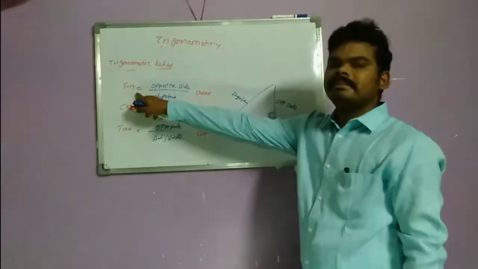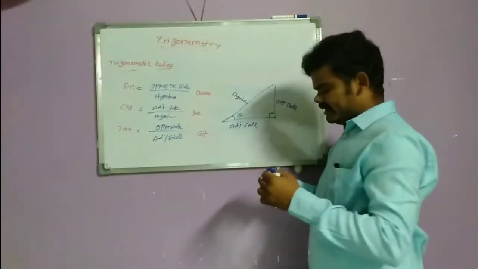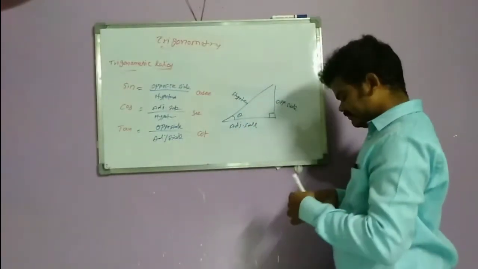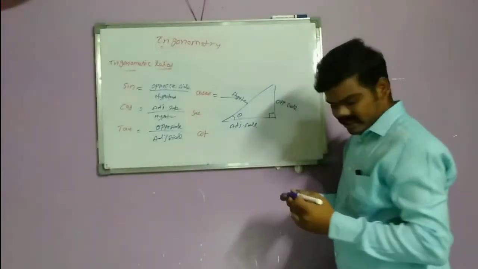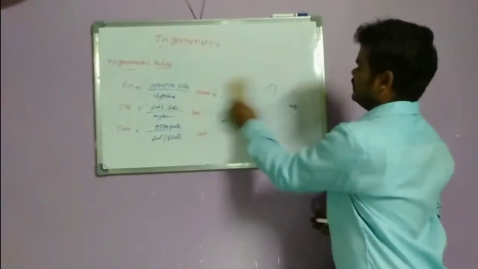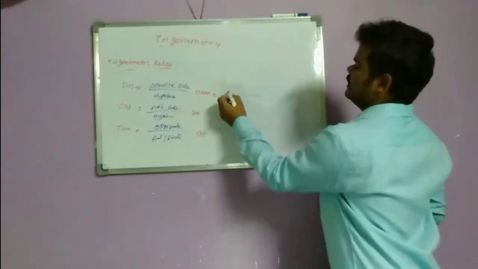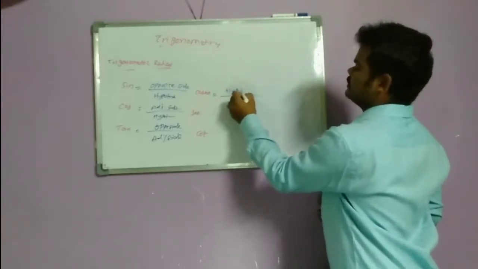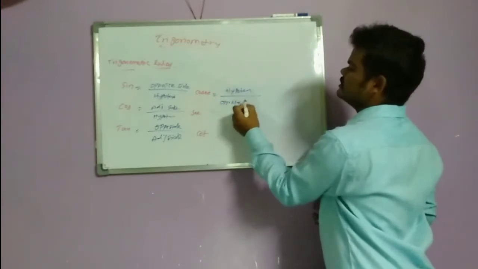The sine multiplicative inverse means cosec. Cosec can be defined as the length of the hypotenuse by the opposite side of an angle.